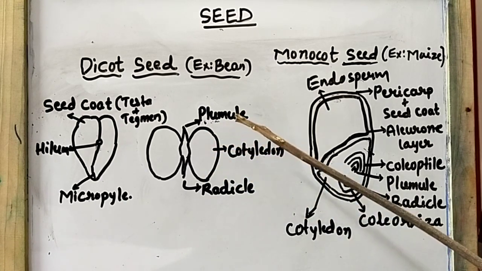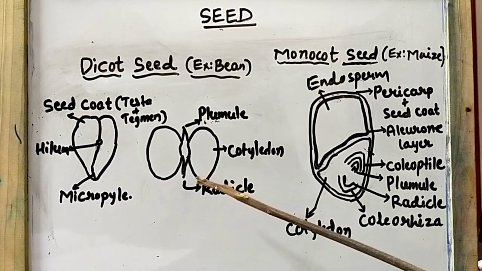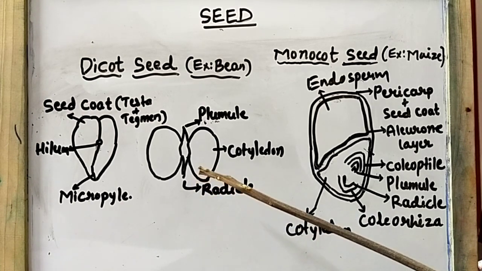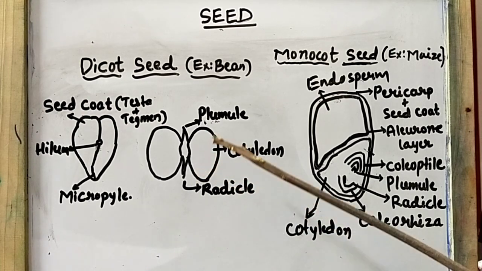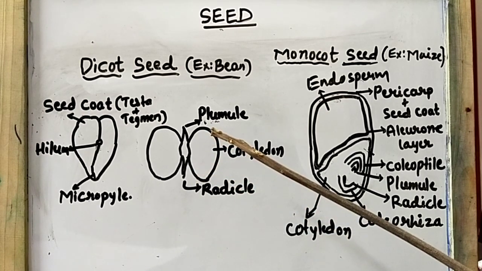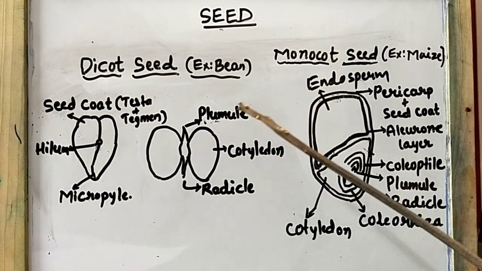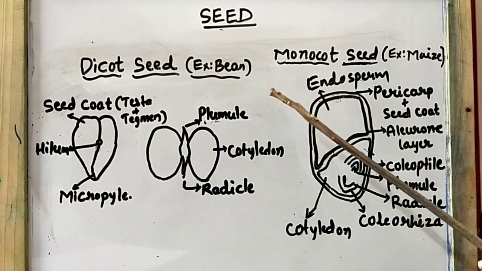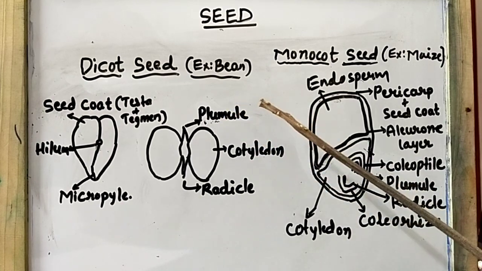Based on another thing that we are seeing here, the presence of endosperm, seeds are classified into two different types: endospermic seed and non-endospermic seed.